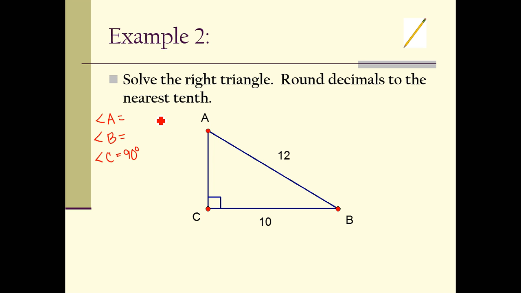So we know AB is 12. We know CB side is 10, but we don't know side AC. So we're going to have to do a little work here.